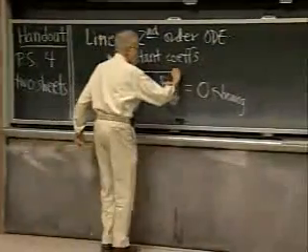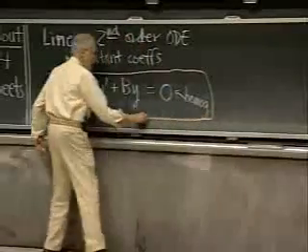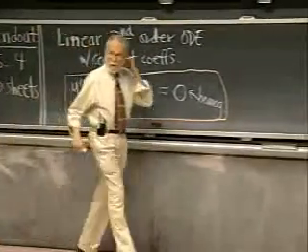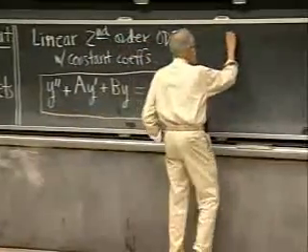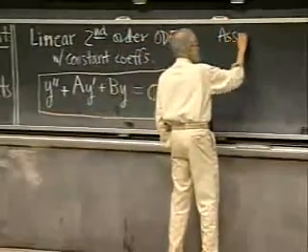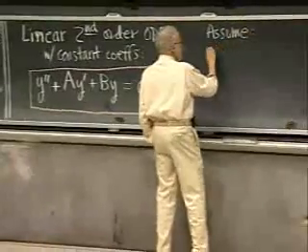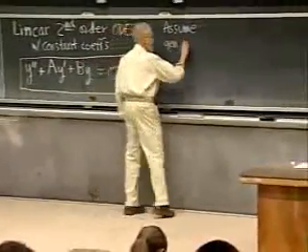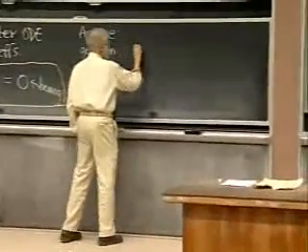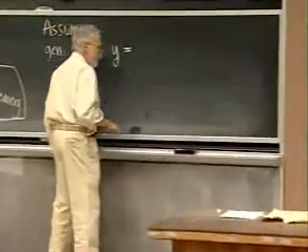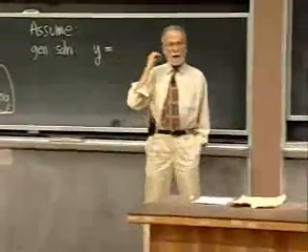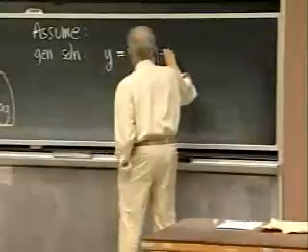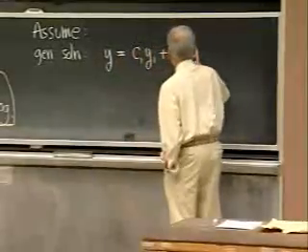So what I'm going to assume, and we'll justify it in a couple of lectures, is that the general solution, that is, the solution involving arbitrary constants, looks like this: y equals c1 y1 plus c2 y2.